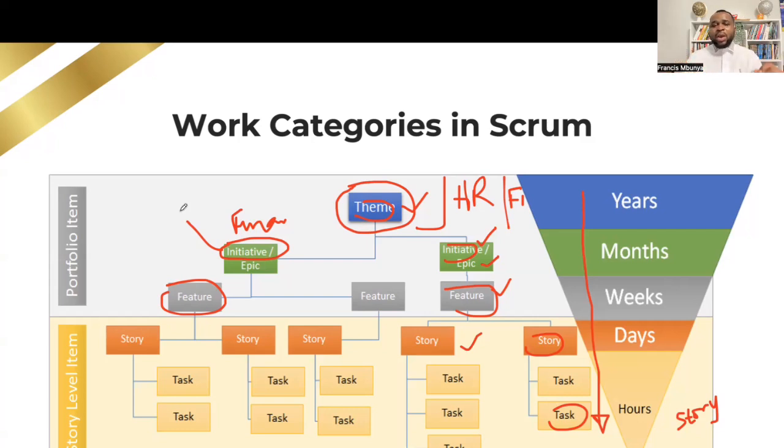Now, when we have an initiative, there is another category which is not captured right here, called capability, or capabilities. After we have this initiative, we have what we call capabilities.